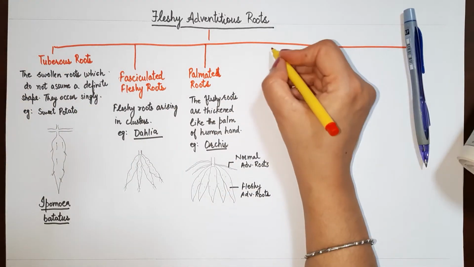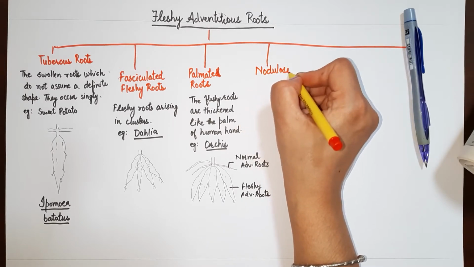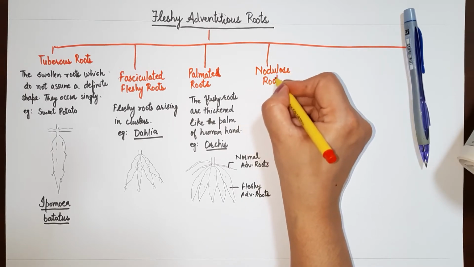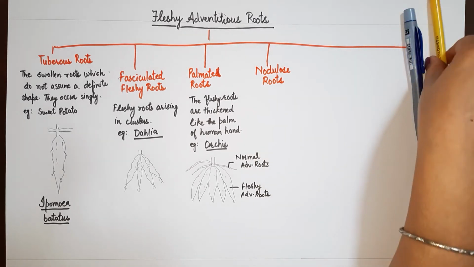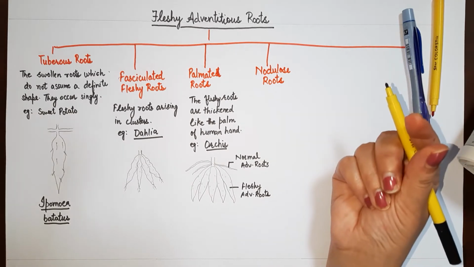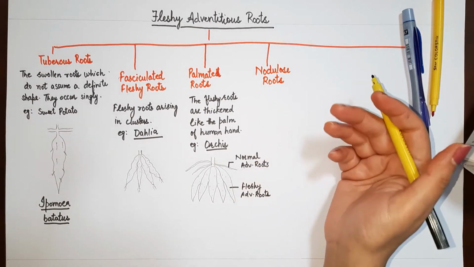Now the fourth category is nodulose roots. Now the nodule word, that is because of the swellings observed in the roots near the tips, that's why we call it nodulose.